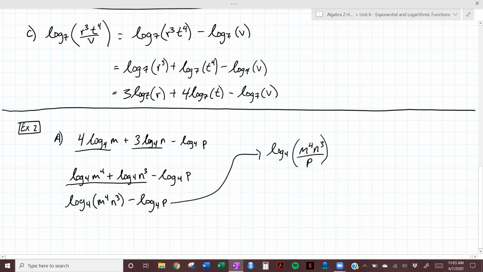Okay? The trick here is you need to make sure they have the same base throughout the entire problem.